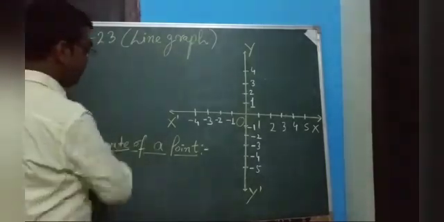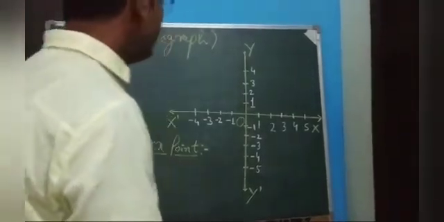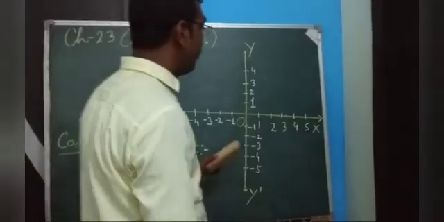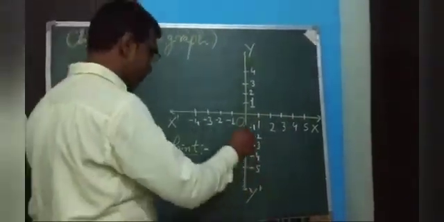Coordinate of a point. So how to find coordinate of a point?